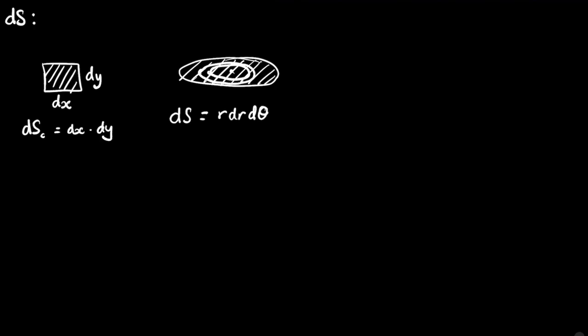So instead of just simply dx dy, because of the geometry, the surface area element of a circle is r dr d theta, and so that's if you're integrating all across this 2D circular surface right here. So that's the case for a circle.